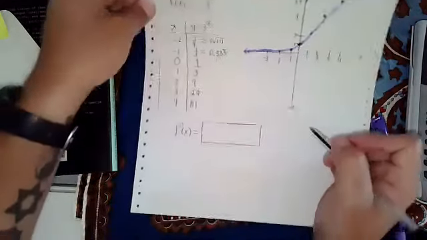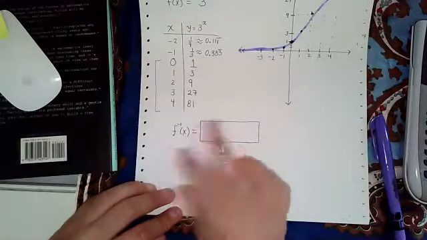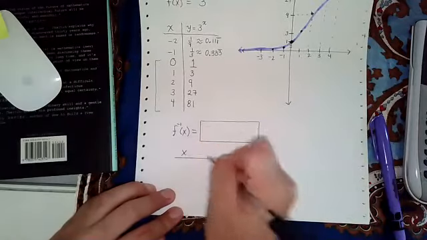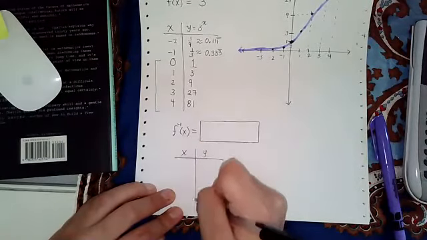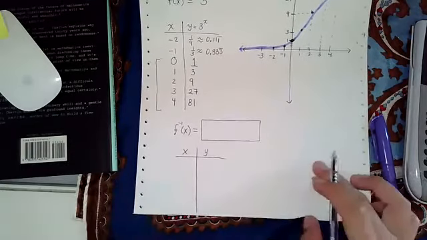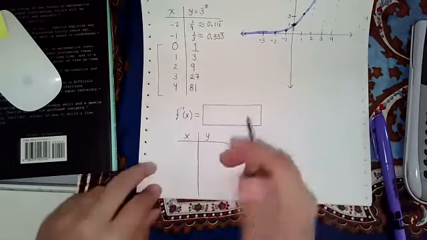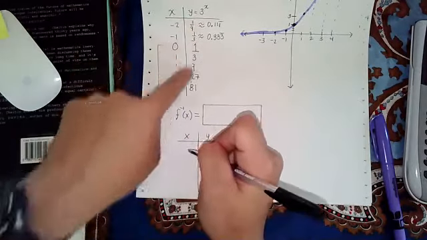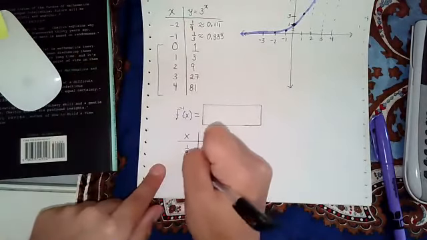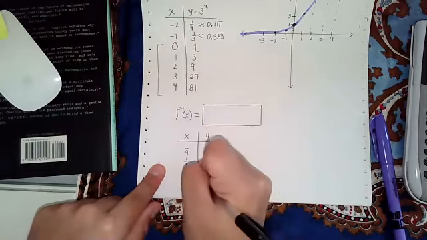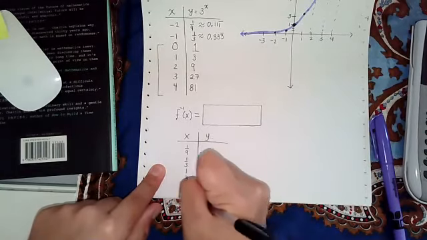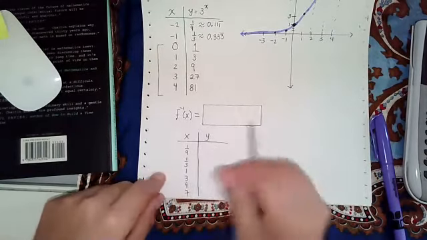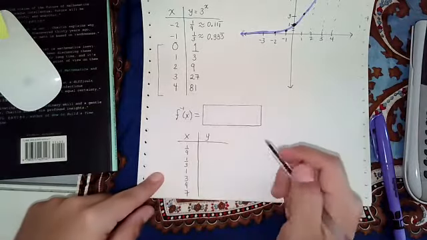But I can find points for the inverse function by simply swapping my x and y values. So let's list these: 1/9, 1/3, 1, 3, 9, 27, and I'm going to run out of space there, so I'll omit this last one.